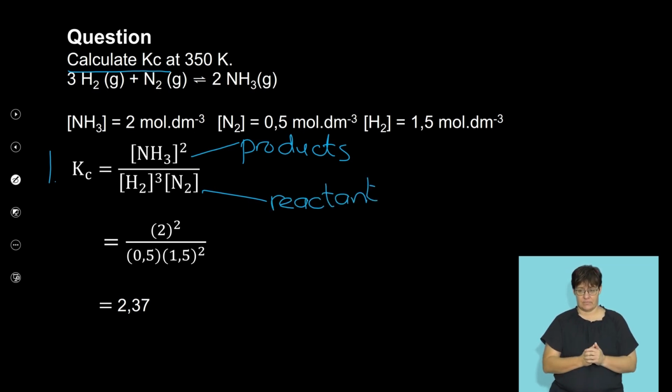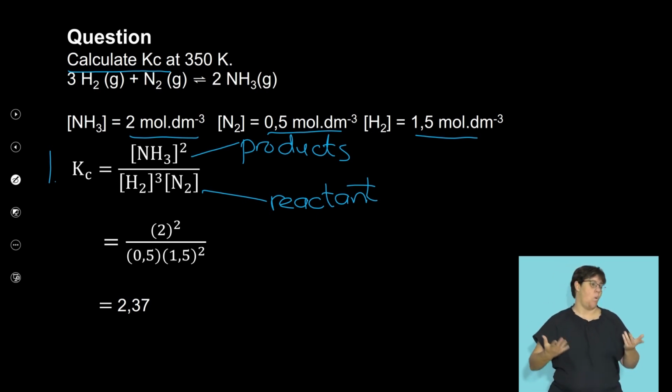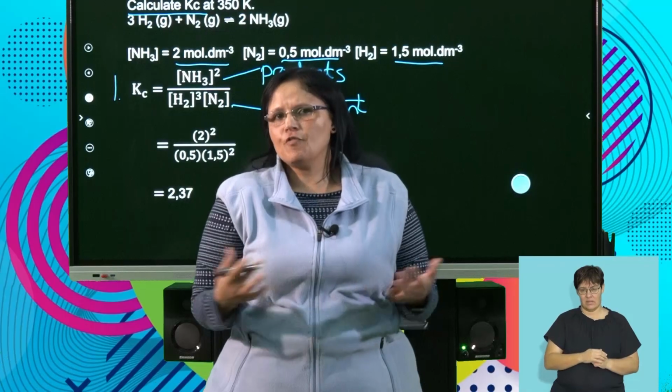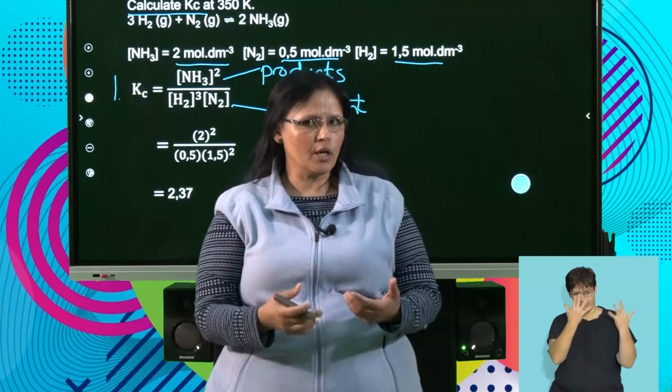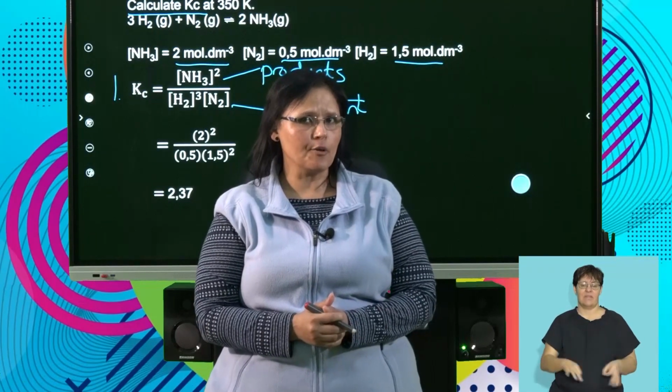For this one, remember, this is our products, and this hydrogen and nitrogen is our reactants. Okay. We were given the concentrations, and because we need to substitute the concentrations, we can substitute what was given to us. There is no need for us to convert it into a concentration or to find out what the volume is. Even if we don't know what the volume of this container is, we can still work out the Kc value.